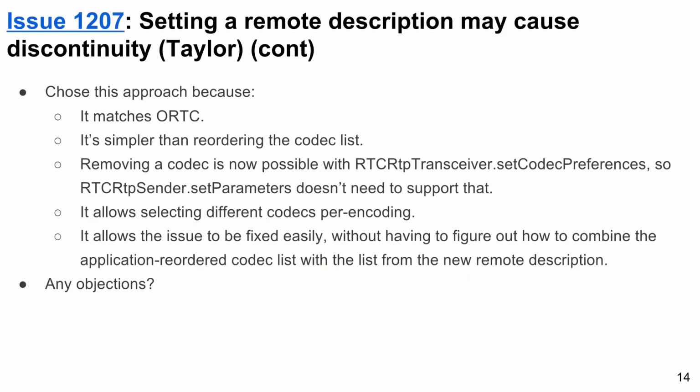But that's now possible with RTP transceiver set codec preferences. So basically, set parameters doesn't need to support completely removing codecs because there's another way to do that.